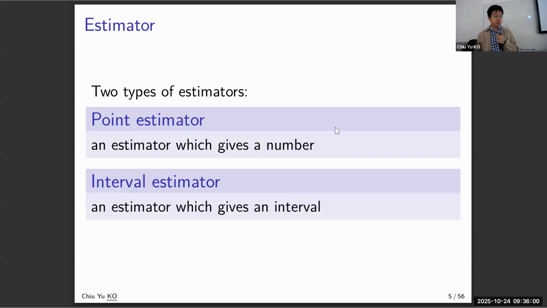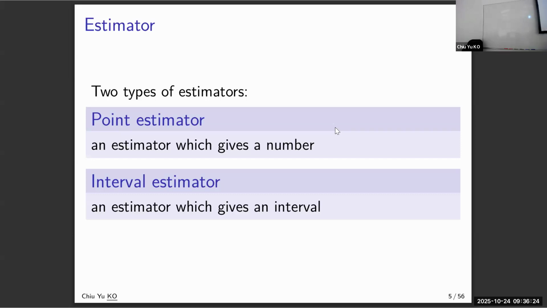There are several key things here, and there are two types of estimator. One is a point estimator, where you just make a single guess. The other is an interval estimator, where you are not making a single guess, you're making a range of guesses. The single guess is good because it's simple.